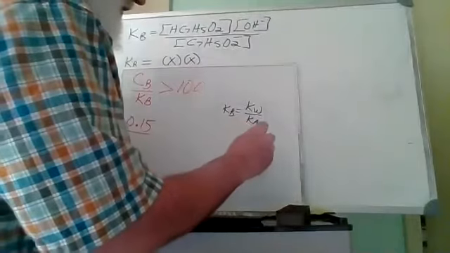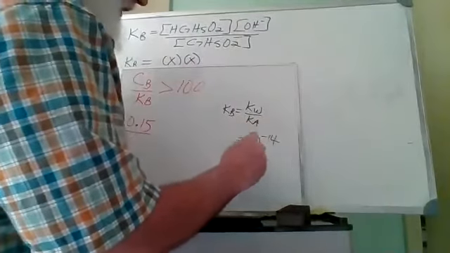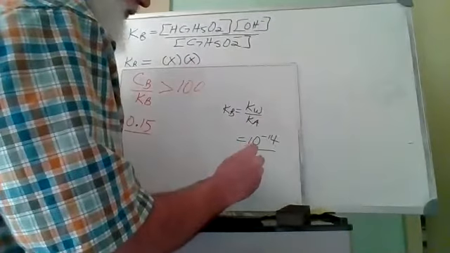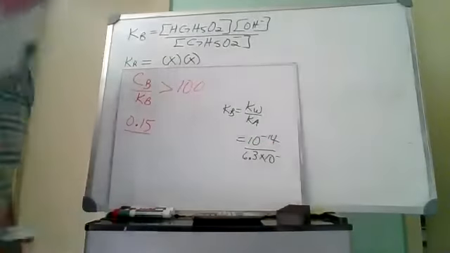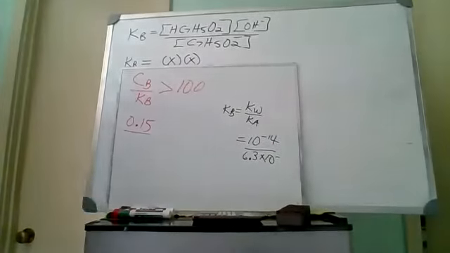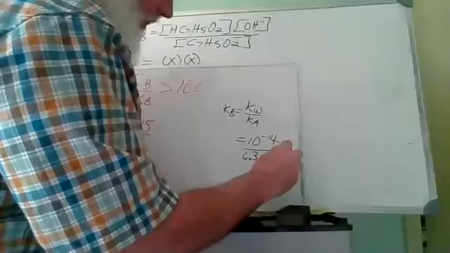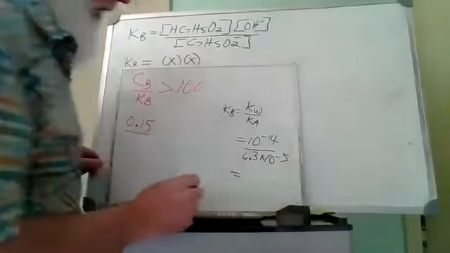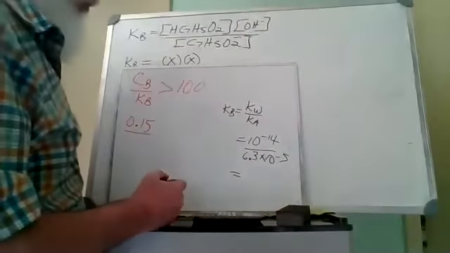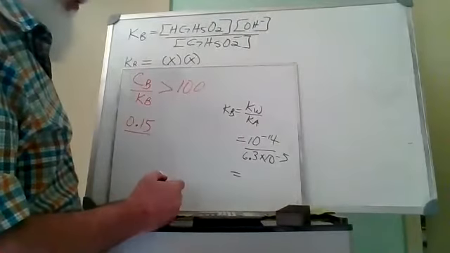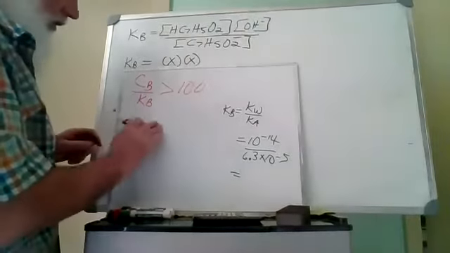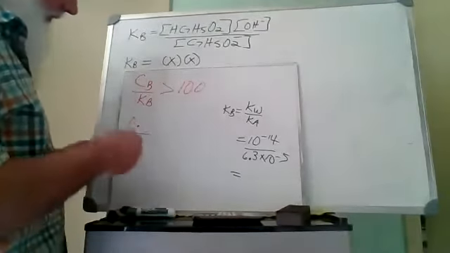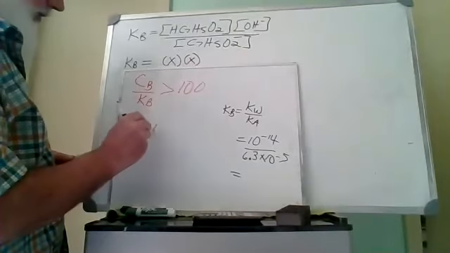So this is equal to 10 to the negative 14 divided by 6.3 times 10 to the negative 5. The CB, is it 0.15 or 0.015? Oh, yes, 0.015. Thanks for catching that.